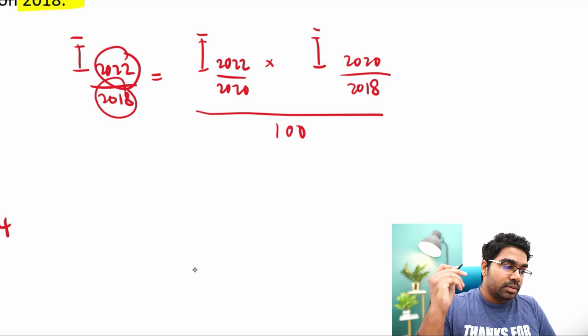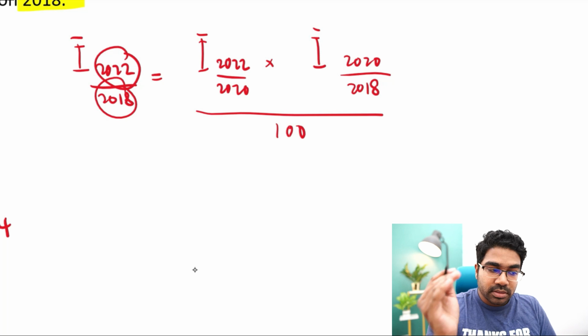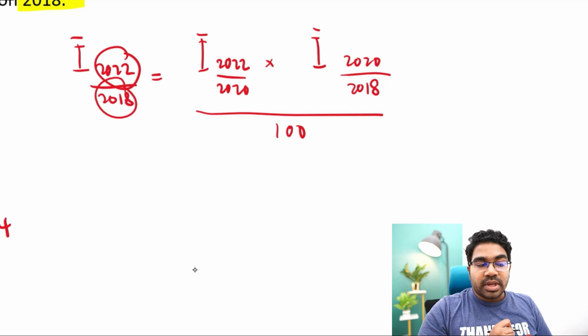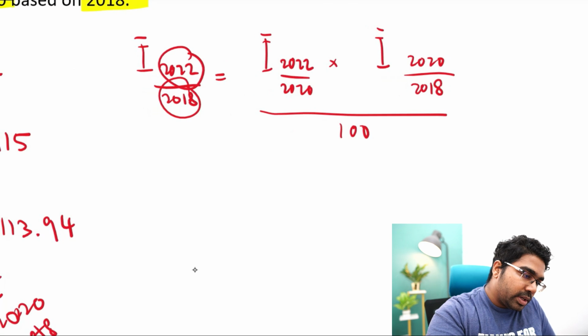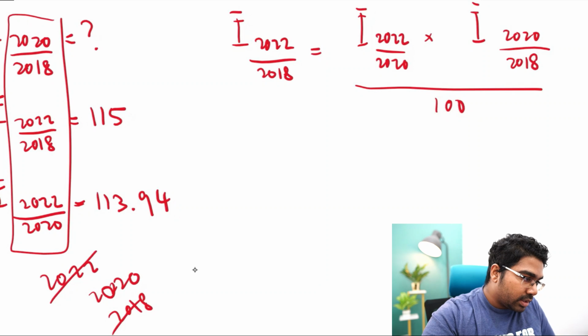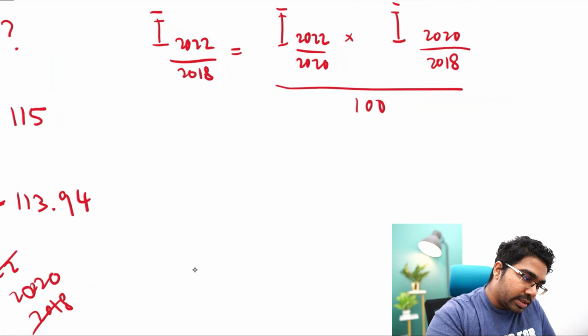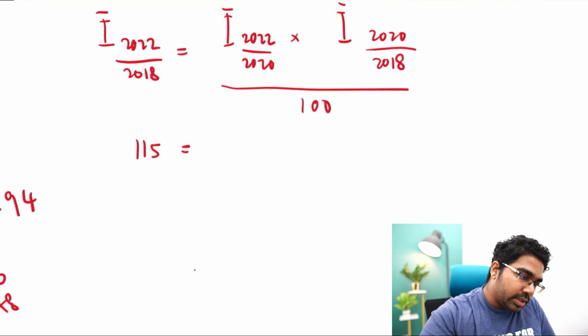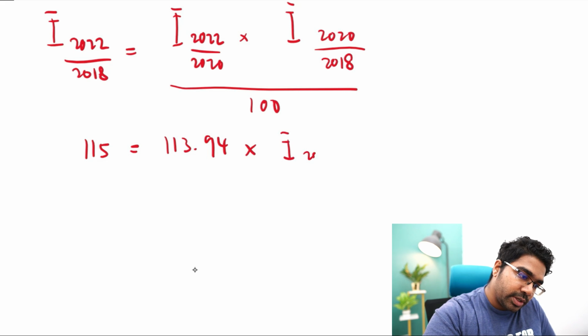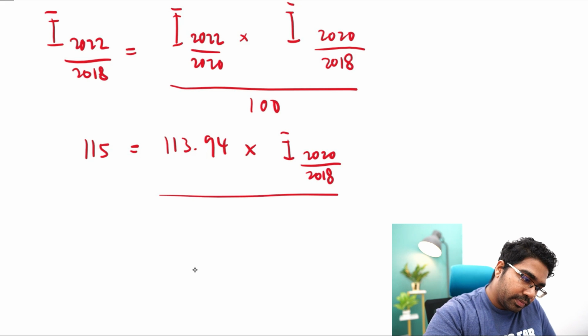Alright. So if you need to repeat that, just rewind and watch it again. Now, all we have to do is apply this. So the value we have, that is 2022 based on 2018, is 115, equals 2022 based on 2020, 113.94, times what we want to find, the composite index of 2020 based on 2018, over 100.